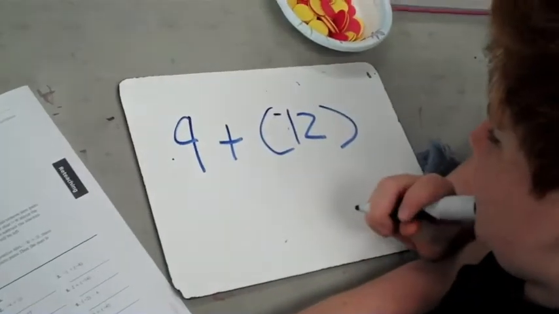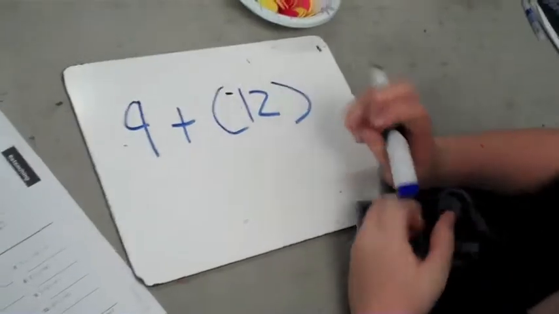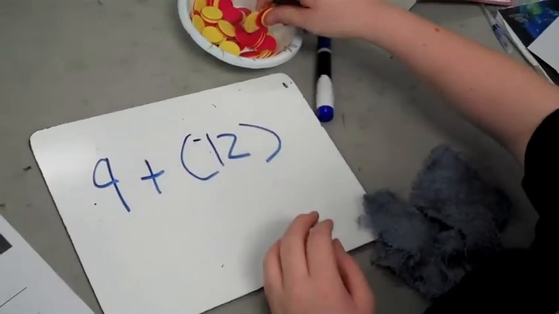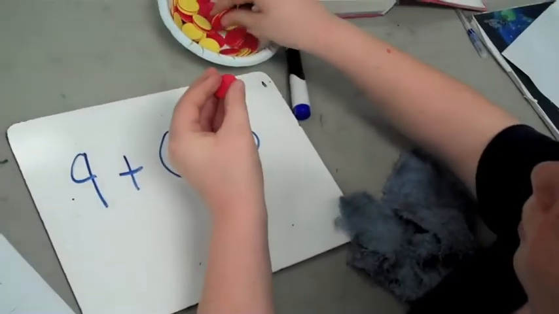Okay, 9 plus negative 12, so with the tiles here, yellow stands for positive, red stands for negative.